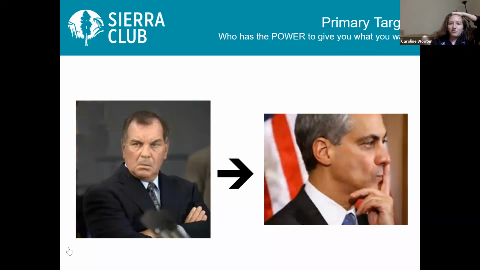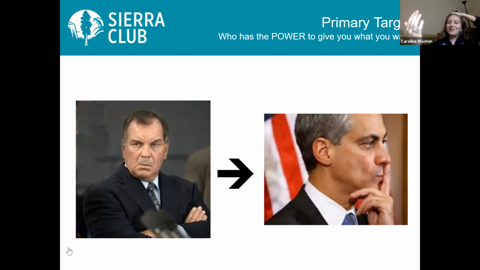Okay, back to it. So we knew what we wanted, we knew why we wanted it. We needed to figure out who had the power to give it to us. And in this case, our primary target was the mayor. Initially, Mayor Daley was the target. And then midway through the campaign, there was an election and Mayor Emanuel was the target. The reason they were the primary target was because they had the power to either bring the corporation to the table to negotiate a retirement date, or we also had, what's the word for it?